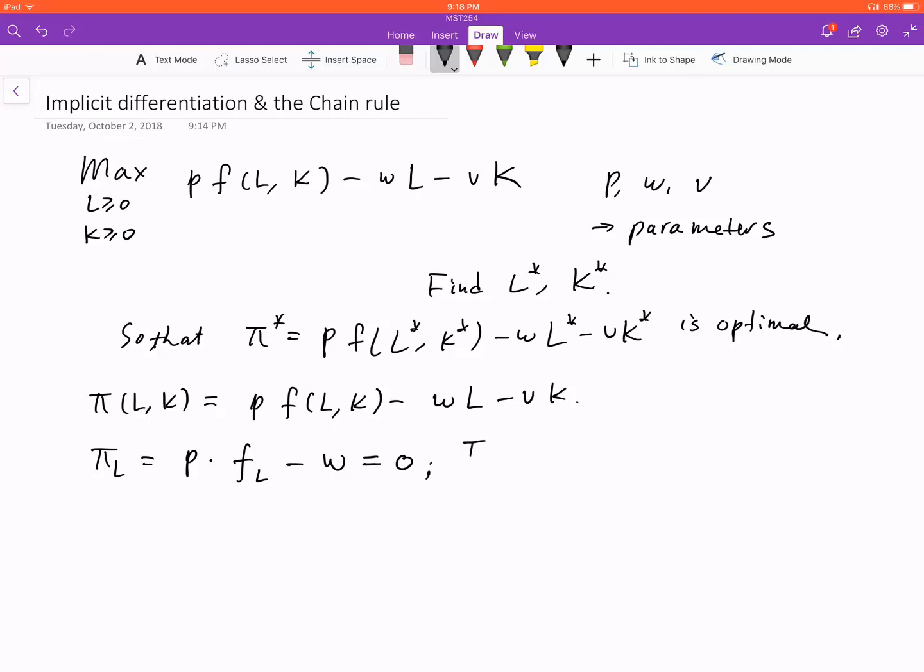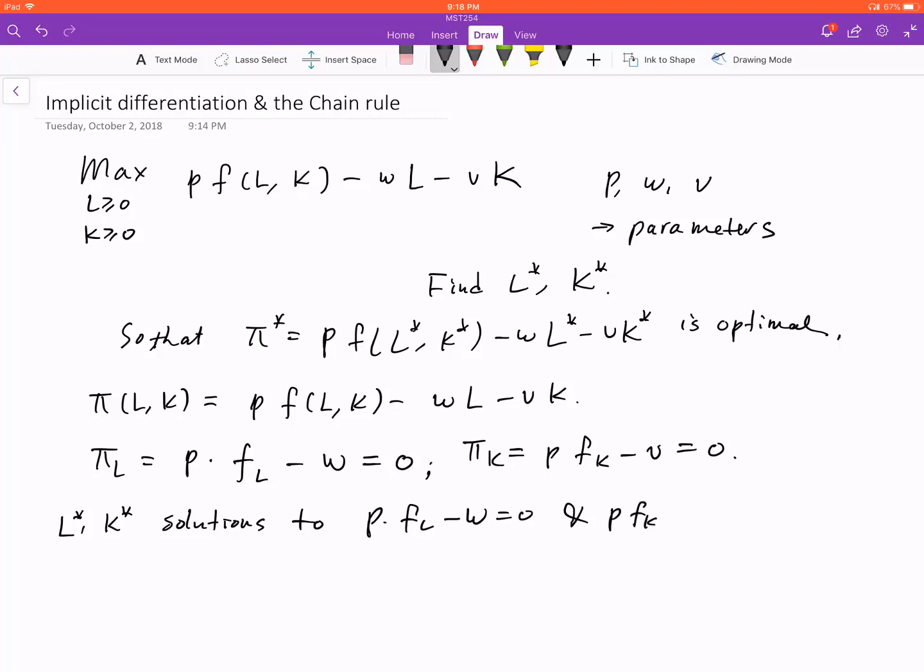The second one, we have pi K, and that's P F_K minus V is equal to 0. Okay. So now we assume L star and K star are solutions to these two equations: P F_L minus W is equal to 0, and P F_K minus V is equal to 0.